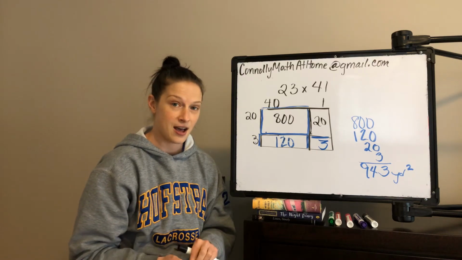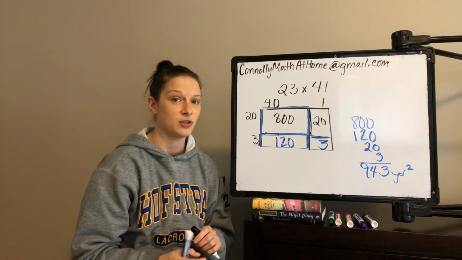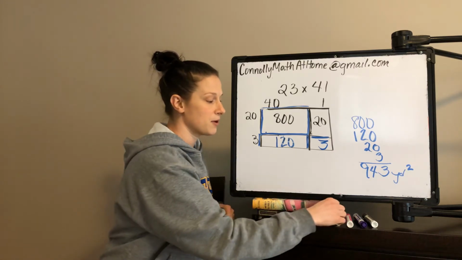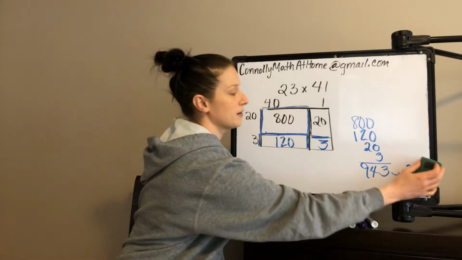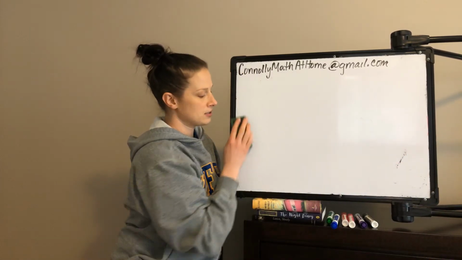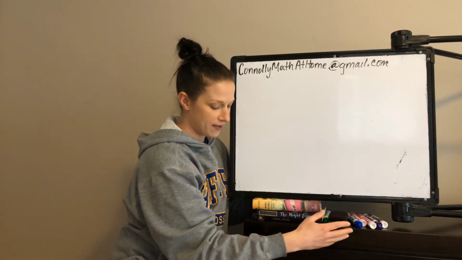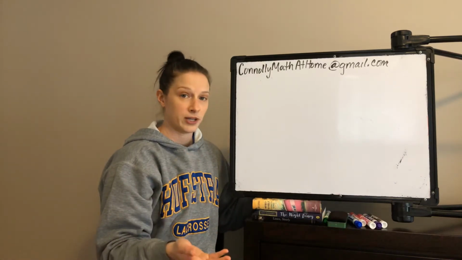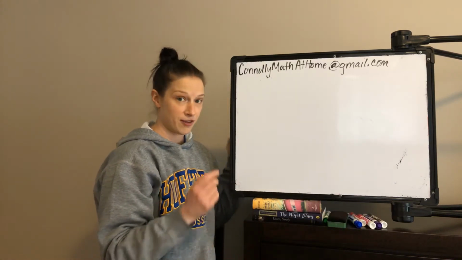year. And now we're going to talk about how we can use that information to help us multiply a mixed number by a mixed number. Okay, so as always, there's some stuff that we have in common between working with whole numbers and working with fractions.